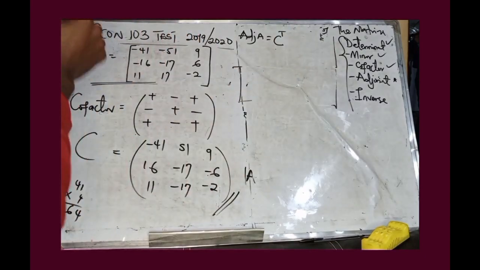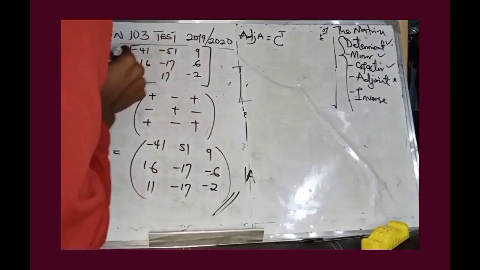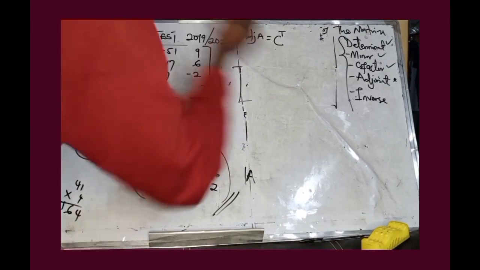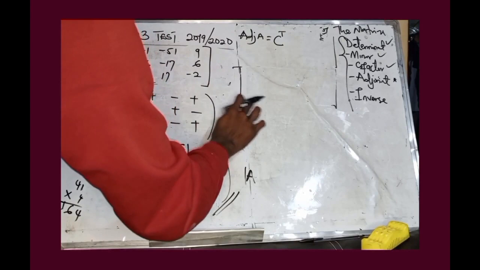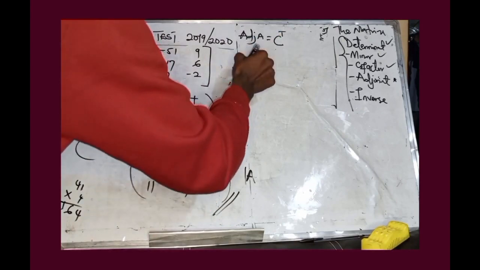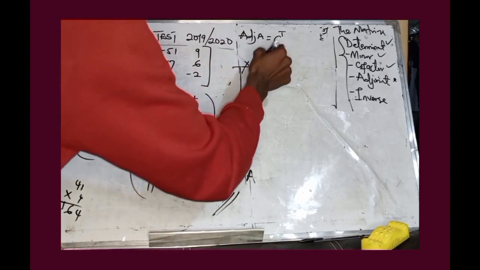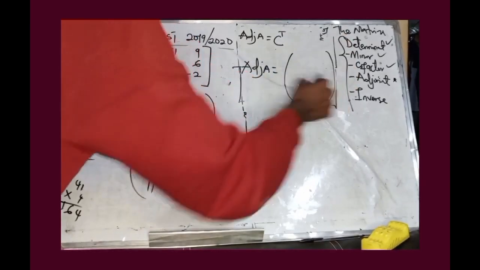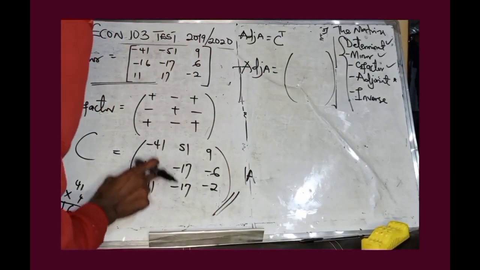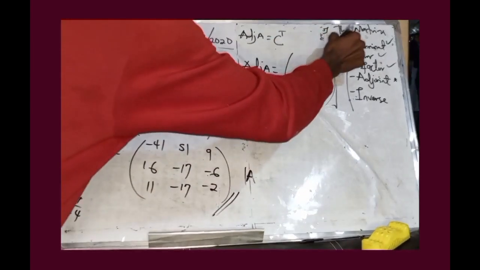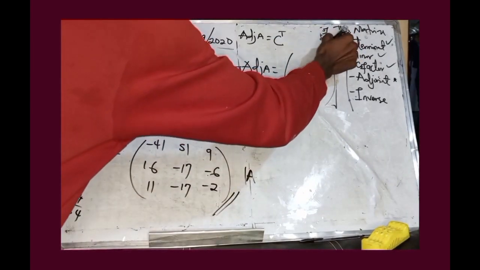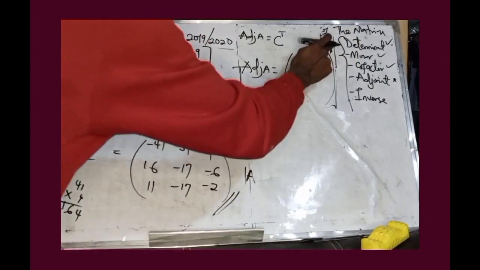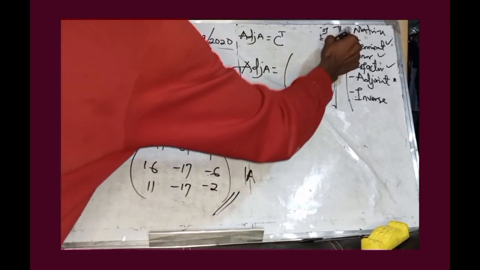So now let's get the adjoint. The adjoint of A is equal to this cofactor, and I'm going to take the transpose, so I'm putting a superscript T here.